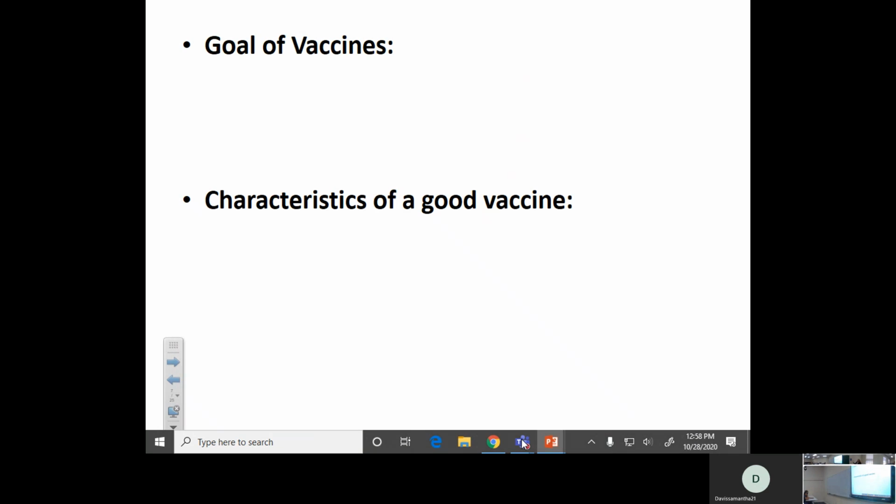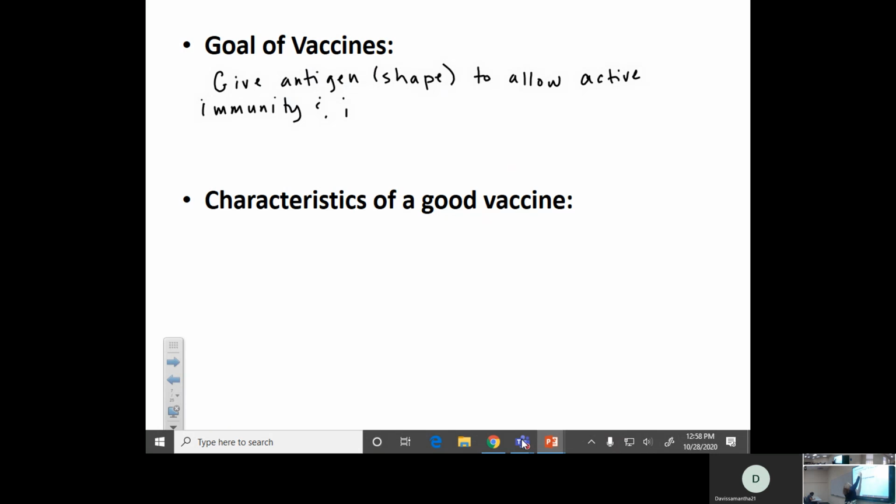So what we want to happen with vaccines is we want to give the antigen shape to allow artificial active immunity, or let's just say active immunity, and we also really, really want immunological memory during this process.